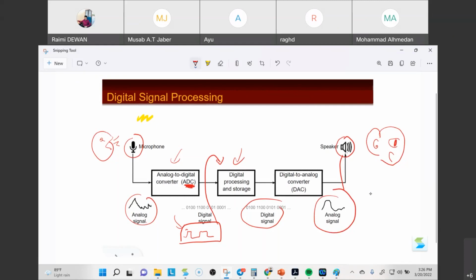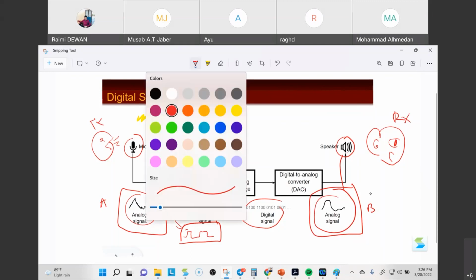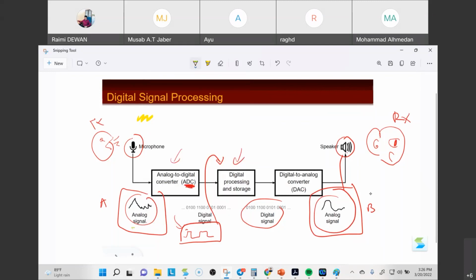Let me show you. Do you see this analog signal A and the generated analog B at the receiver? This is your receiver. Do you see that there is a bit of difference in the shape, A and B?